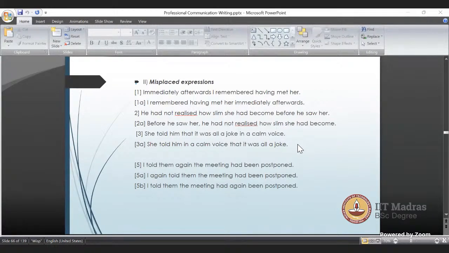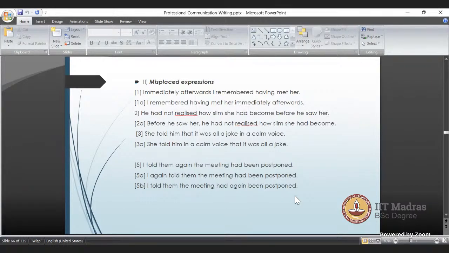Fifth one are cases where misplaced expressions can happen because more than one interpretation of the expression is possible, right? Yeah, sorry.